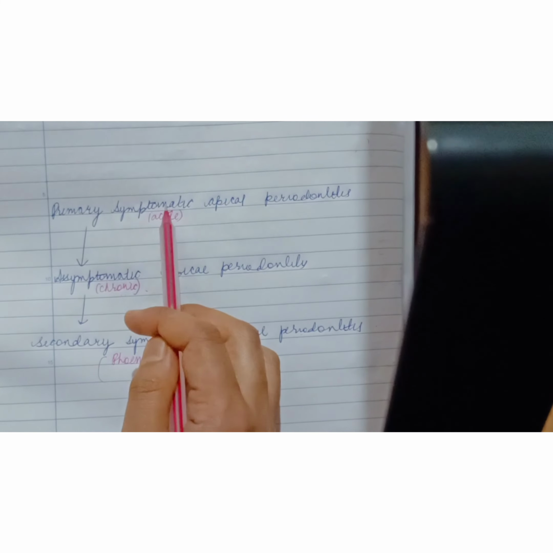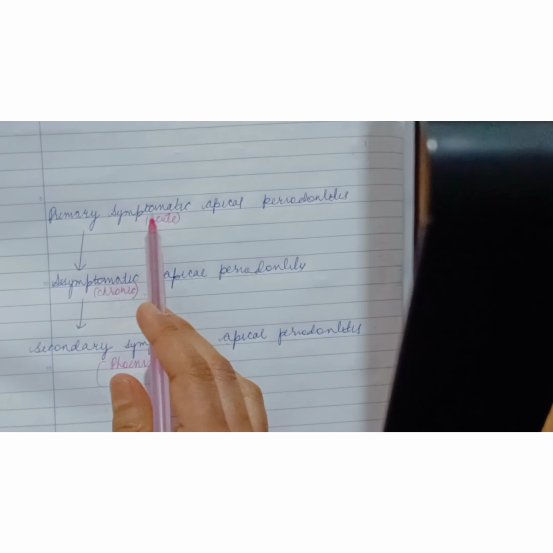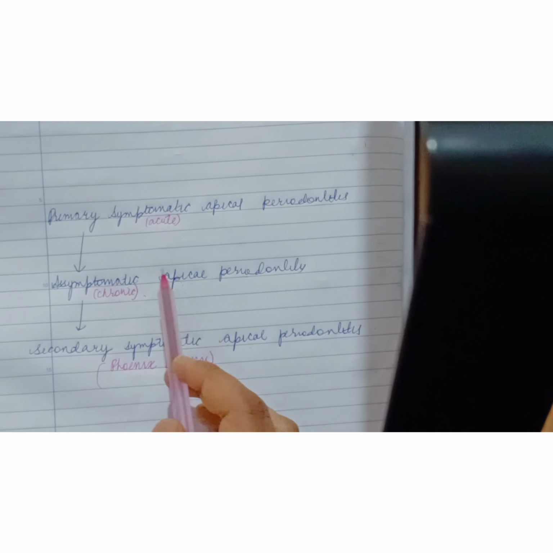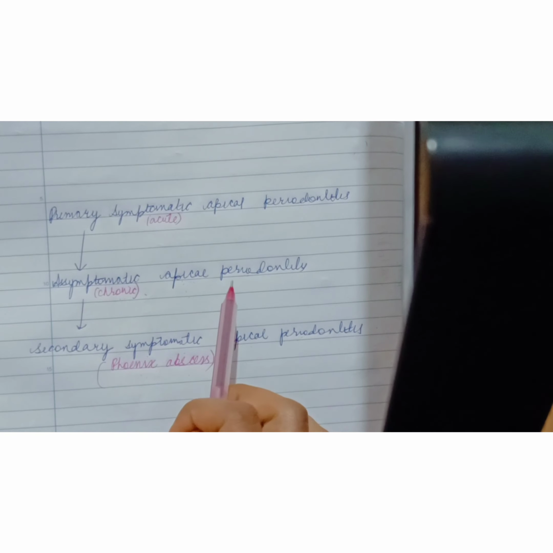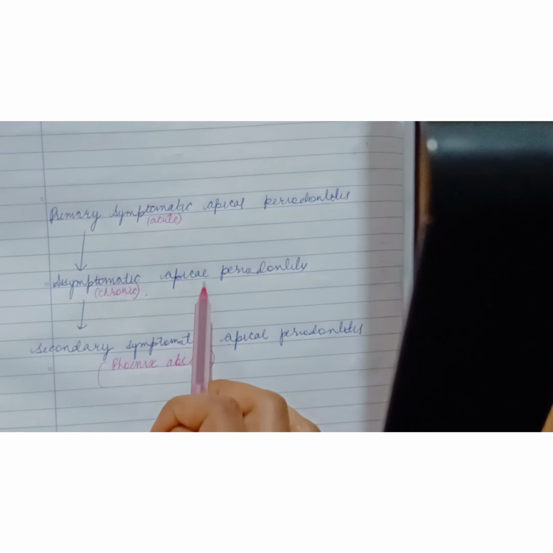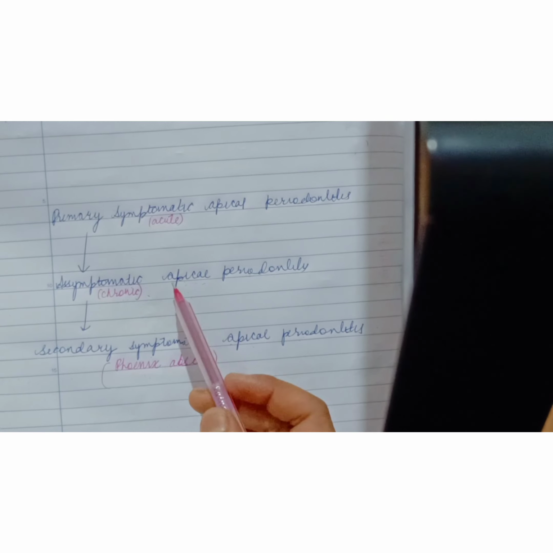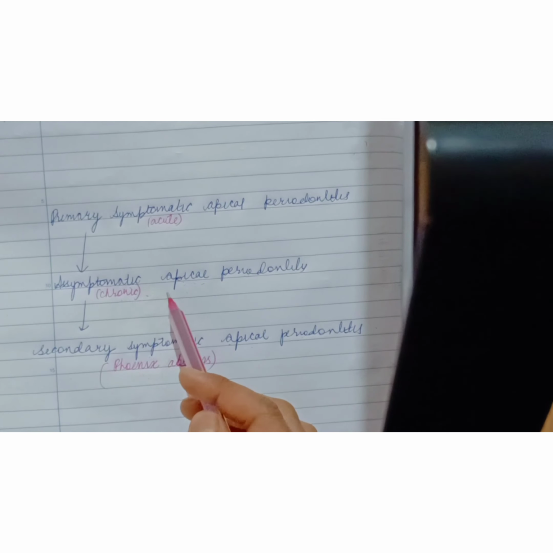First one was the primary symptomatic, then this primary symptomatic phase went to the asymptomatic apical periodontitis. Now in this, the body is in a state of equilibrium. Anything which disturbs the equilibrium, it can be microbial byproducts or initiation of the root canal in a tooth. So what will happen after the equilibrium is disturbed?